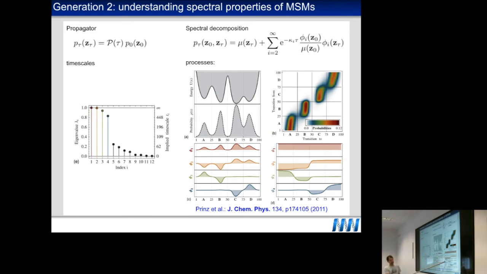The next eigenfunction tells you there is a somewhat faster process, which is the transition from A to B and back. And then there is C and D, etc. So these eigenvalues and eigenfunctions decompose your dynamics into slow processes and faster processes. Now, of course, at some point it makes sense to make a cut, to stop resolving and say, okay, this is the slow dynamics I'm interested in.